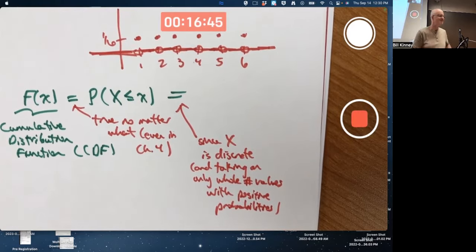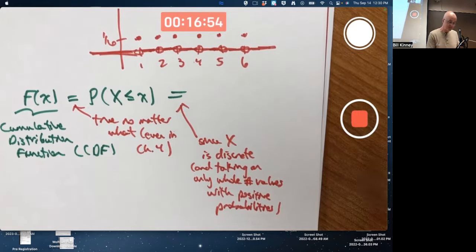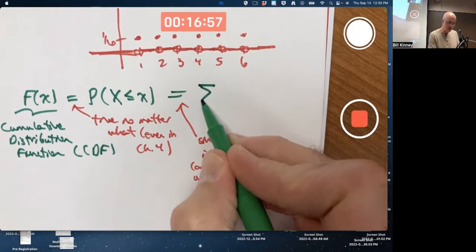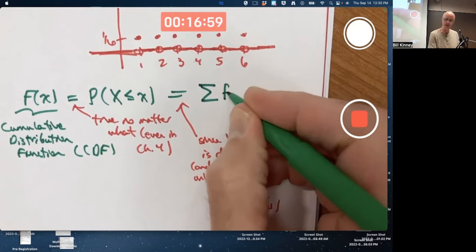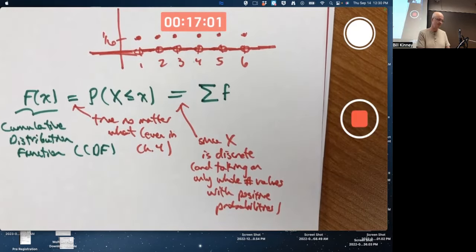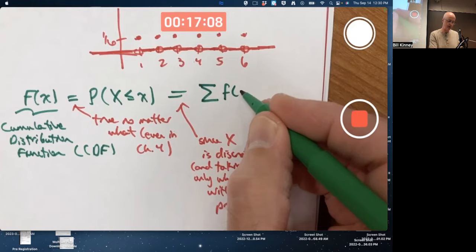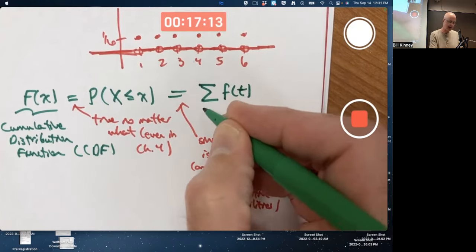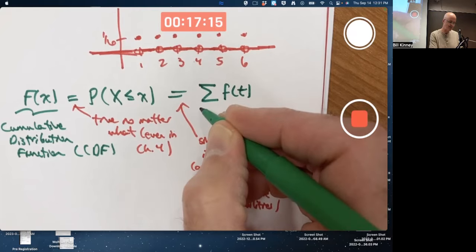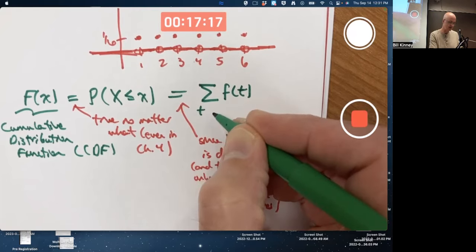Okay, and I could write what I'm about to write a little bit more generally, but for the sake of this example, I'll just write what it is. It's the sum of the values of little f for this example. I'm going to call the input of little f for the summation t. And I'm going to go ahead and just let t start at, should I start it at 1 or 0?